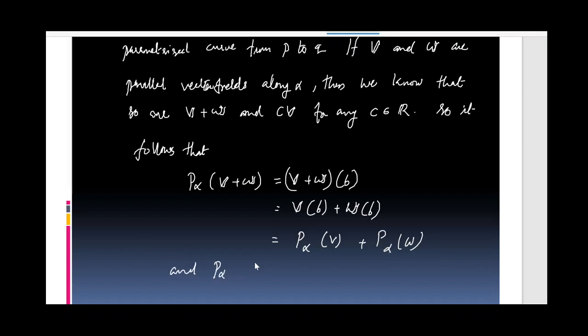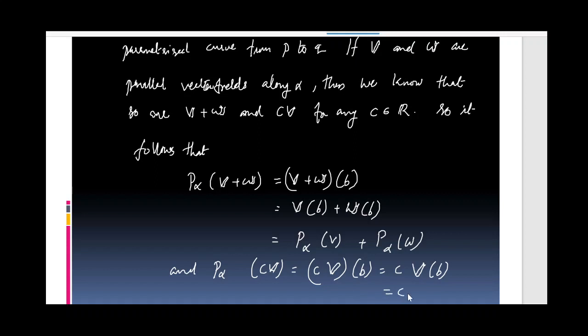Now this can be written as P alpha of V plus P alpha of W, and P alpha of cV is equal to (cV)(b). By definition, that's equal to c times V(b).